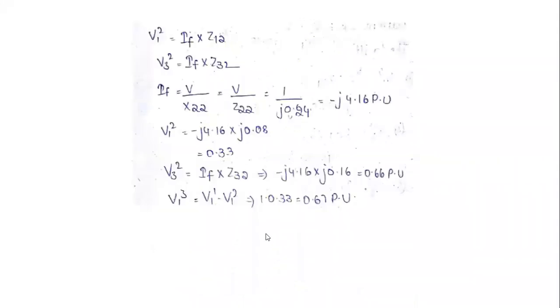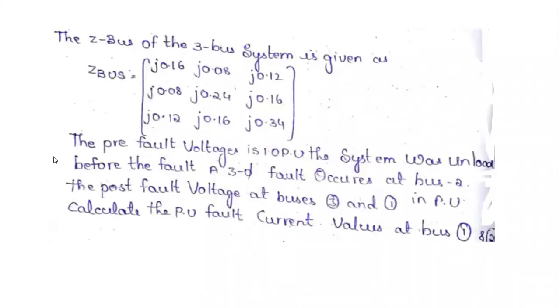Next, during the fault, a 3-phase fault occurs at bus 2. We need the post-fault voltage at buses 1, 2 and 3 in per unit, and the per unit fault current.